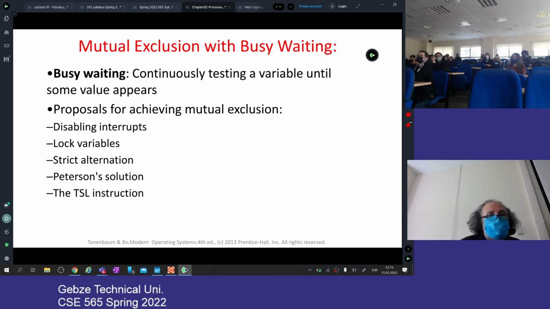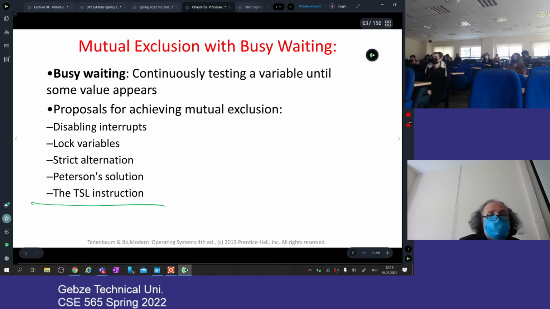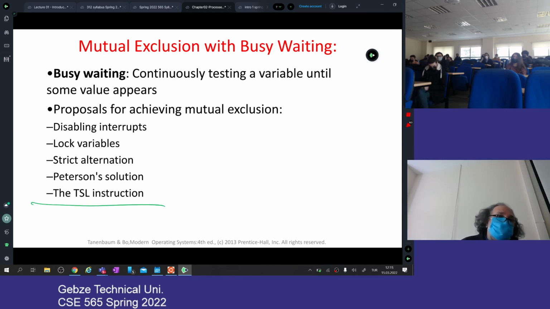They are just there to tell you what the earliest solutions to these critical regions and interprocess communication were. Some of them are being used today. This one, the TSL instruction, was implemented on CPUs, and it helps us achieve mutual exclusion. And that will be the structure of the lectures for next week.